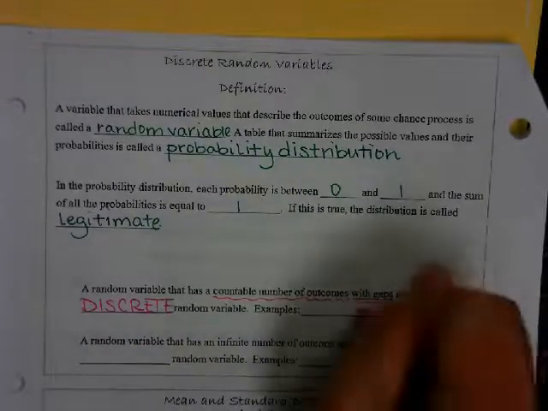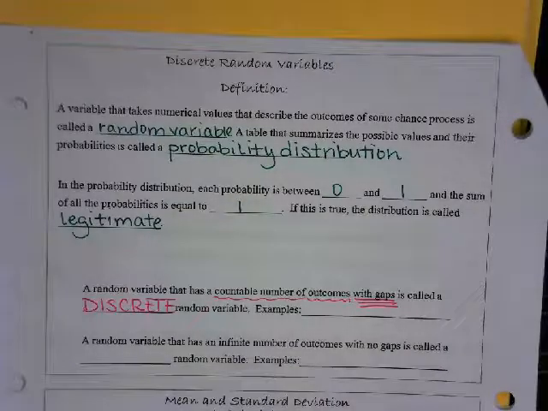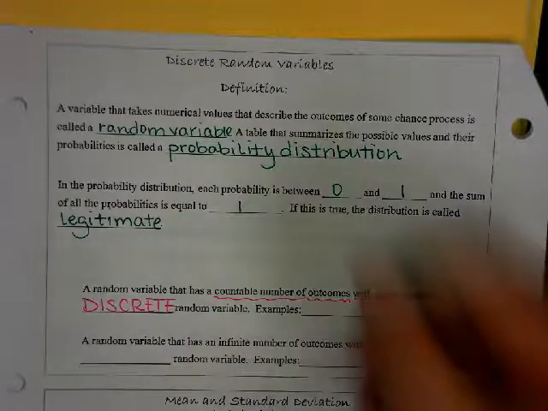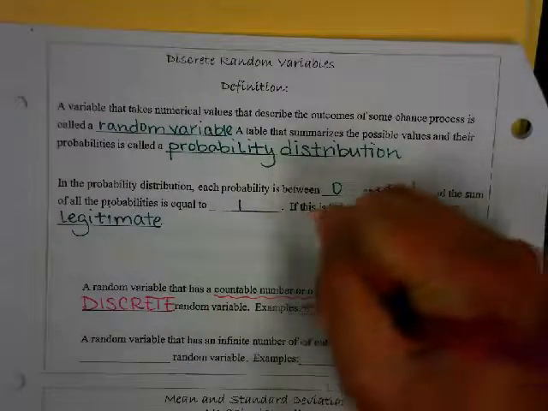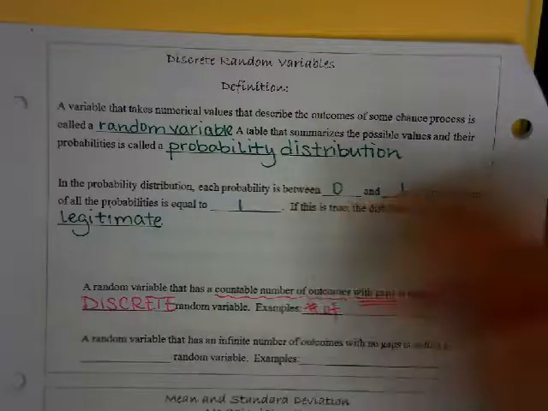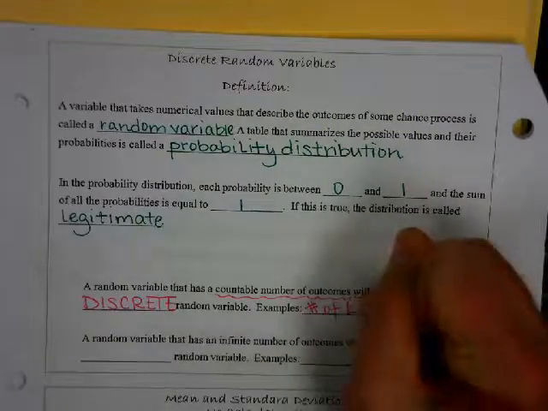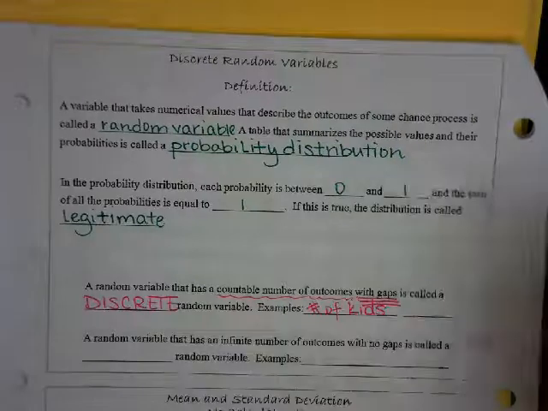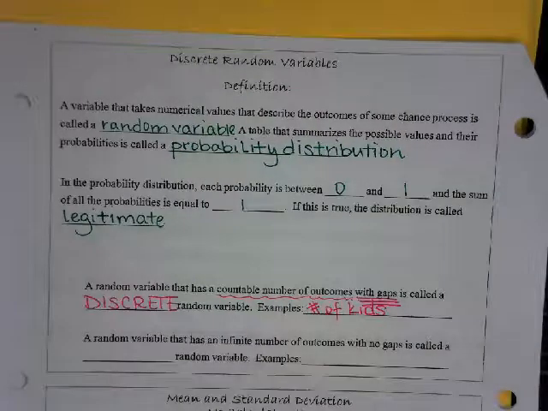The key part there is with gaps. So that was like on the warm-up, the number of kids. You can't have 2.5 kids. You have gaps between the numbers 2 and 3. So it's discrete. Another way to think about it is that you are focusing more on whole numbers.